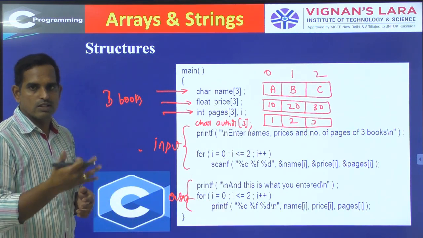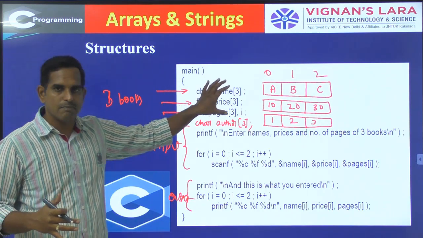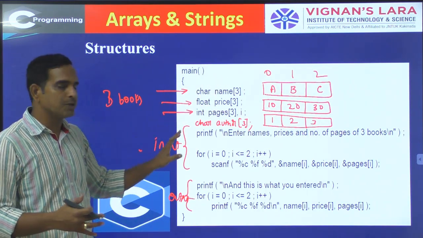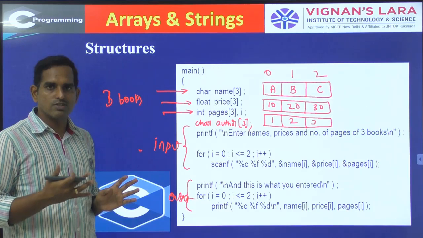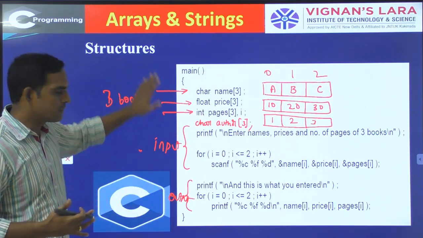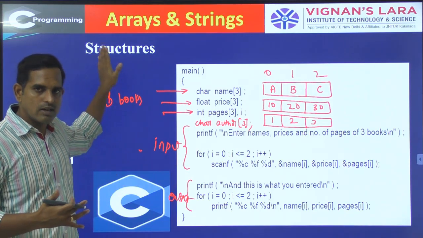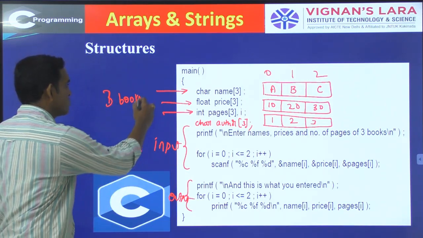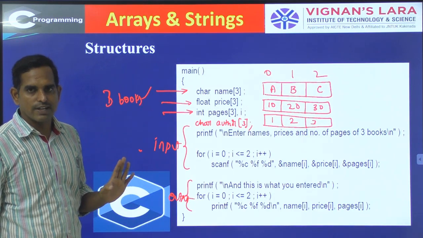So as new entities come for the same book, you have to create new arrays. This is a lot of wastage for your complete program. This is an implementation of basic storage of 3 books by using a series of arrays.